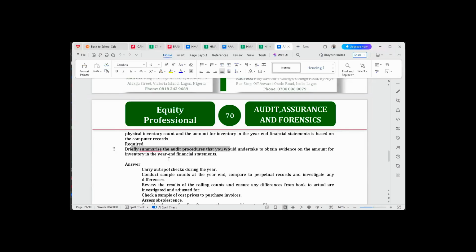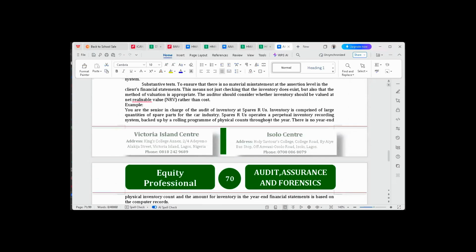Number one, you need to carry out spot checks during the year. Why do we carry out spot checks? Look at the question. It said inventory comprises a large quantity of spare parts for the car industry. Spares R Us operates a perpetual inventory recording system backed up by a rolling program of physical counts throughout the year.